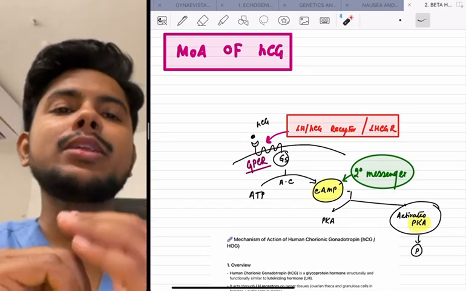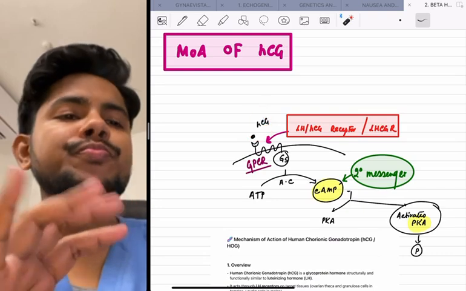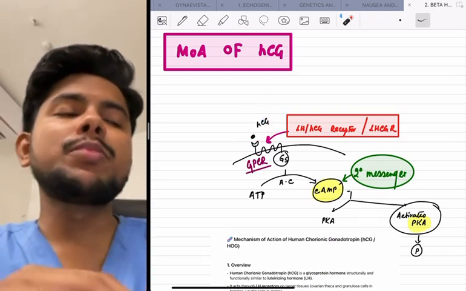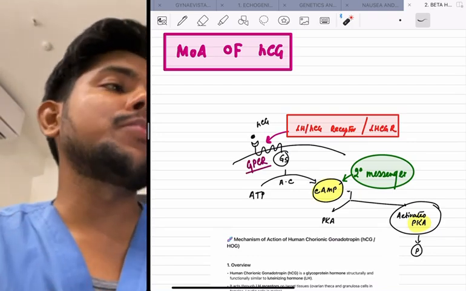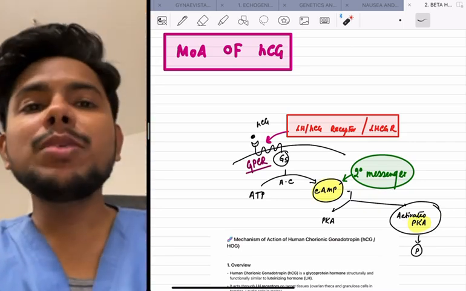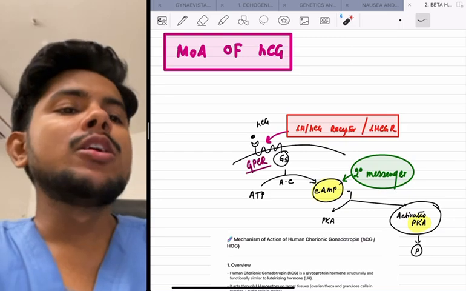We have alpha, beta and gamma. Whenever the beta hCG binds with this receptor, the alpha subunit gets separated from its beta and gamma subunits, getting energized, and the source of energy is GTP, converting into GDP and Pi.